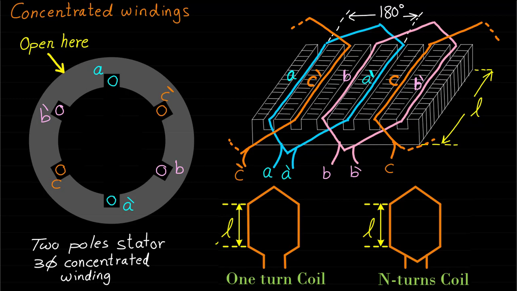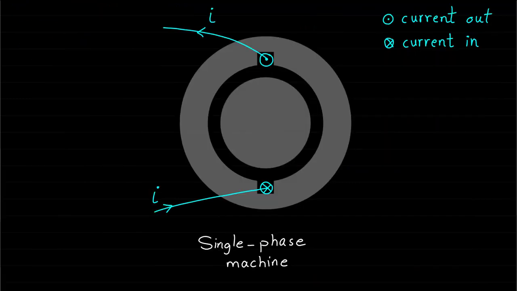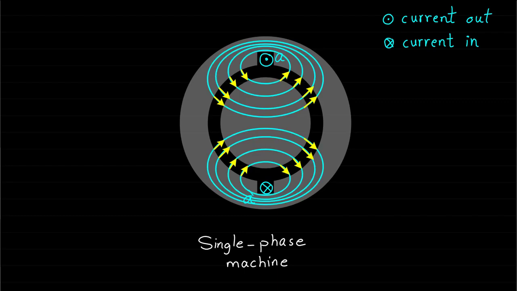Let's explain this point using this single-phase machine which has a cylindrical rotor. If a current I flows through phase A winding in this direction, phase A will produce magnetic field equivalent to the magnetic field of two magnetic poles shown.